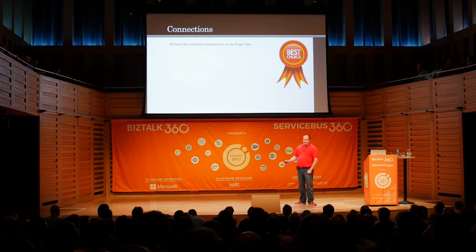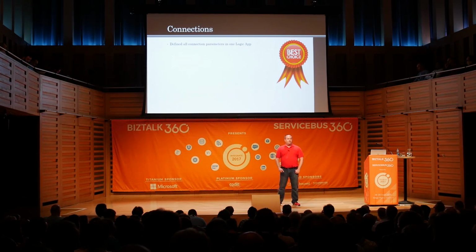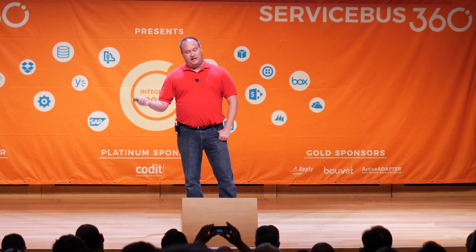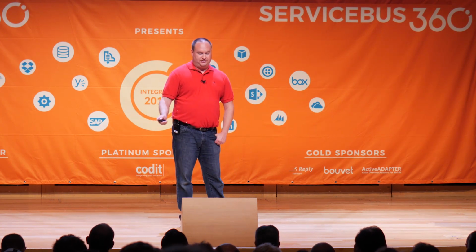The way we did it is we defined connections in a single logic app, and everybody else referenced that connection by name only. So we knew that our top logic app called generate file was the one that held the reference for our main SQL connection.